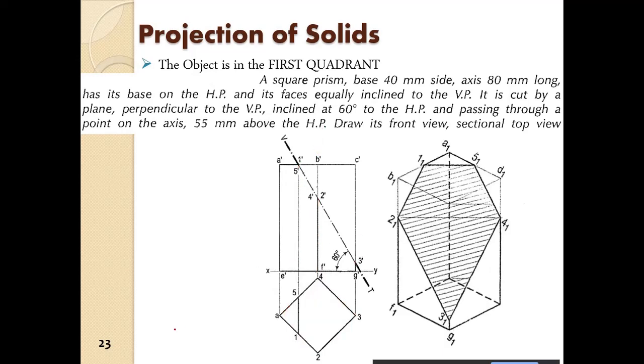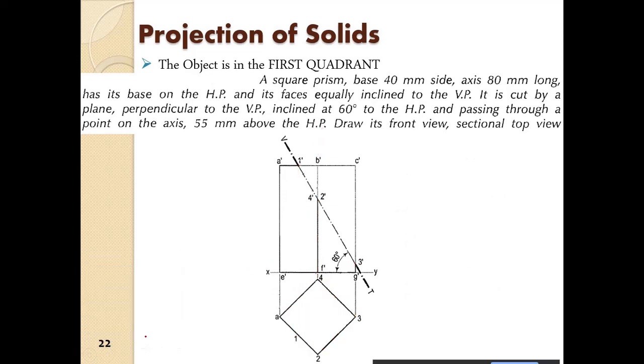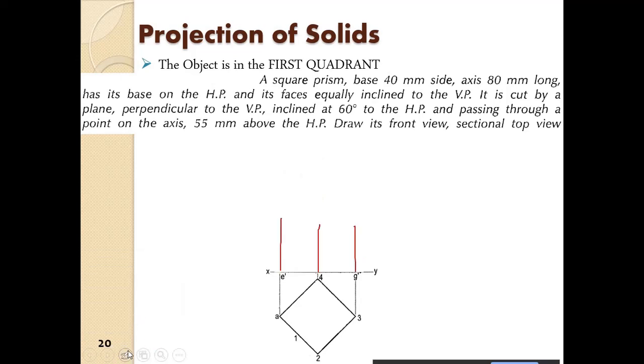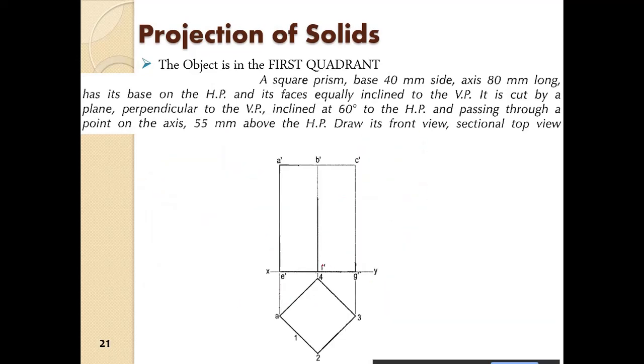So here what you do: first is the top view, second is the front view, third step is to draw the plane of intersection.